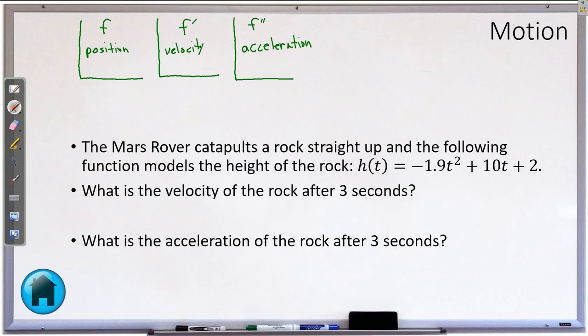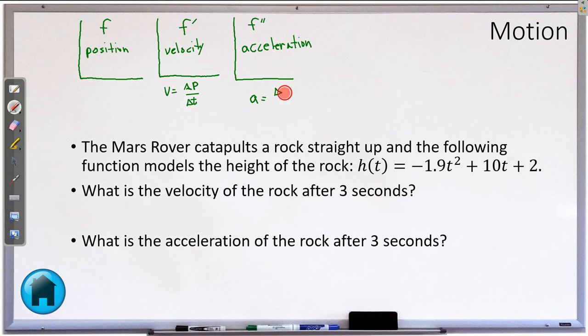Okay, so remember, velocity is the change in position with respect to time, which hopefully looks a lot like slope, change in y over change in x. Well, what's the definition of acceleration?